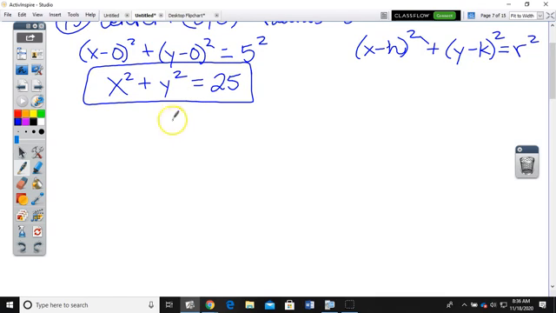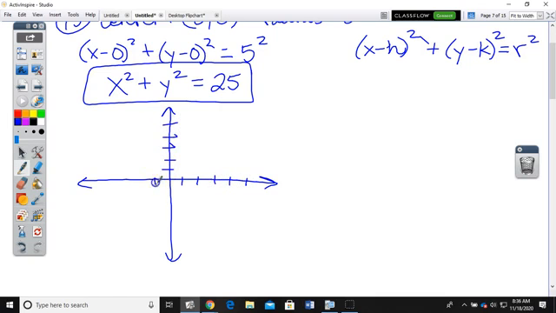To graph it, I'll improvise. I won't have the coordinate plane. I'll just make it 1, 2, 3, 4, 5 in each direction. Where is my center? It's at the origin.